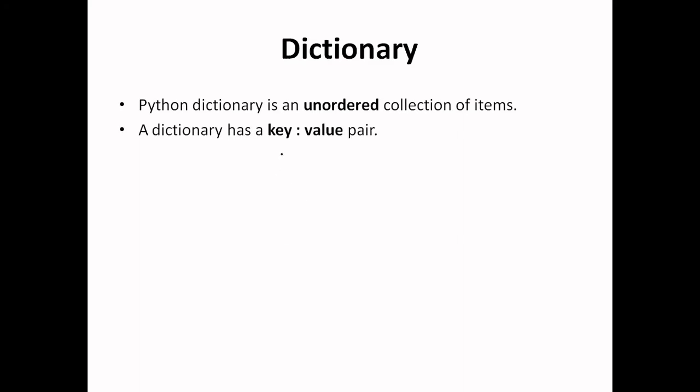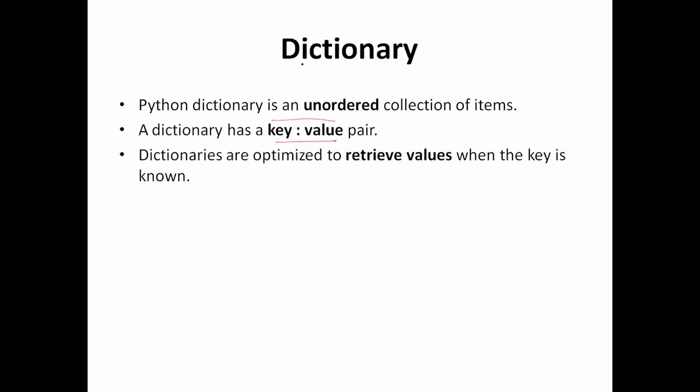In Python, the dictionary has a key value pair, and this key value pair makes a single element of a dictionary object. Dictionaries are used to retrieve values very efficiently. If we know the key of any value, we can retrieve the value very efficiently.